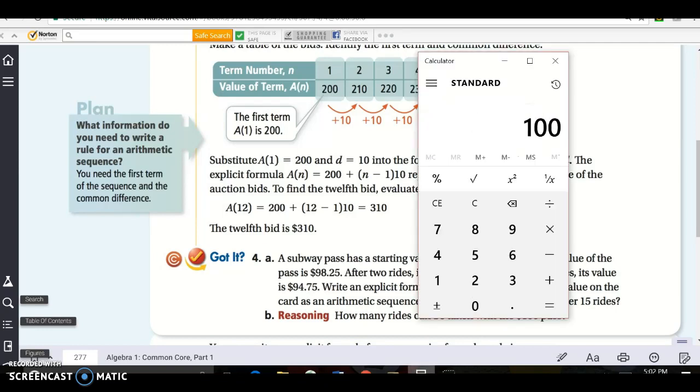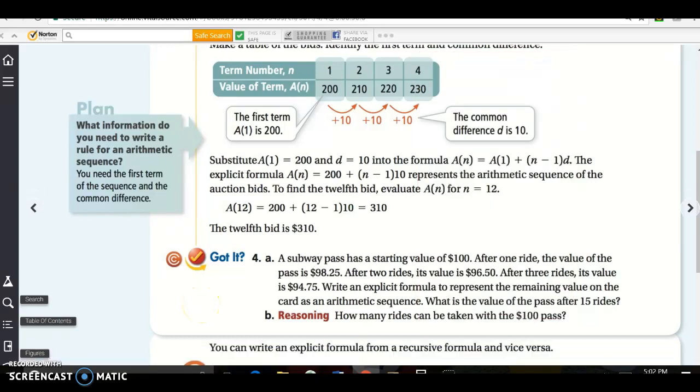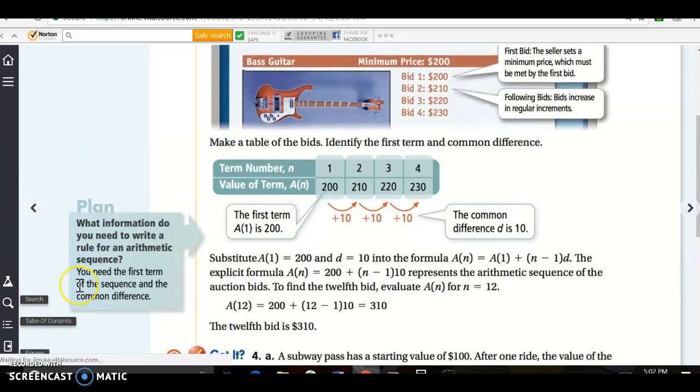Let's see, 100 minus 98.25. 1.75, yes. Subtract it, 100, yes. Let's go back to the formula. Plus the first term plus times the difference.